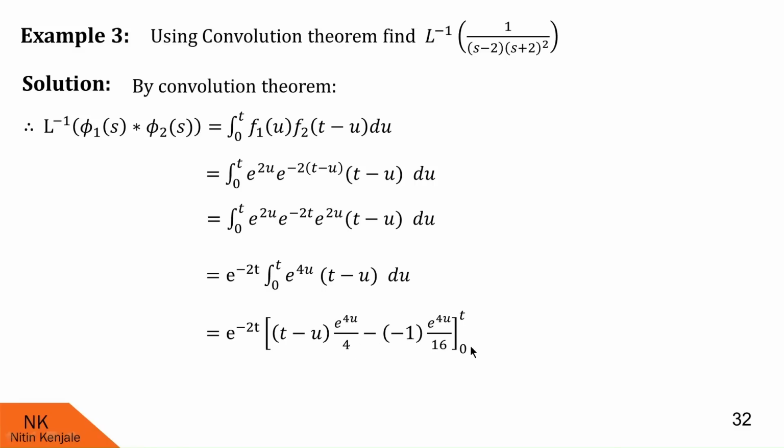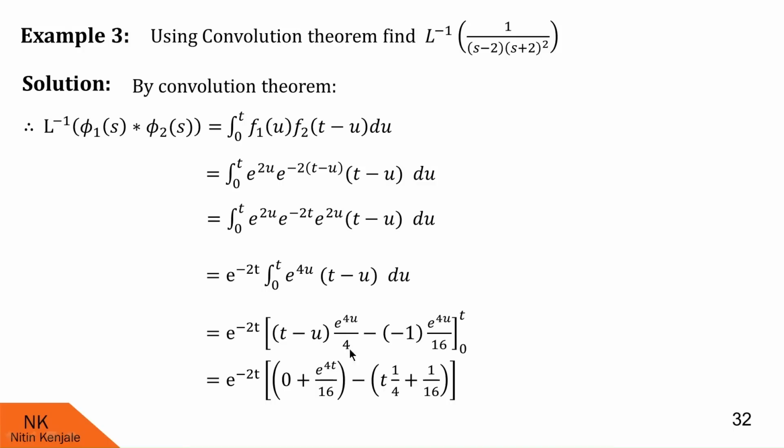Now let us substitute these limits in u. When I substitute the upper limit t in u, we get t minus t, that is 0, into this becomes 0. Substituting t over here, we get e raised to 4t upon 16, and this minus into minus becomes plus. So we have plus e raised to 4t upon 16. Now let us substitute the lower limit 0 in u.